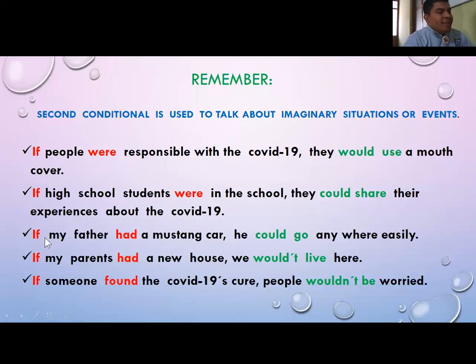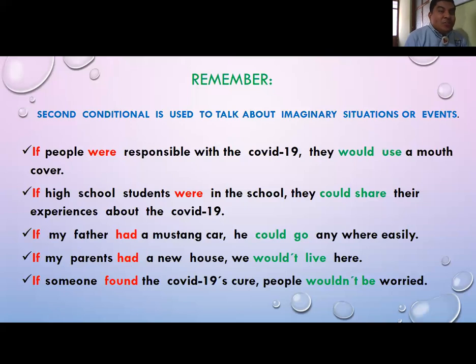Good. The next example, if my father had a Mustang car, he could go anywhere easily. My next example, if my parents had a new house, oh, it would be great. We wouldn't live here, right? If my parents had a new house, we wouldn't live here in Oaxaca, probably in New York, Dubai, or on another continent.